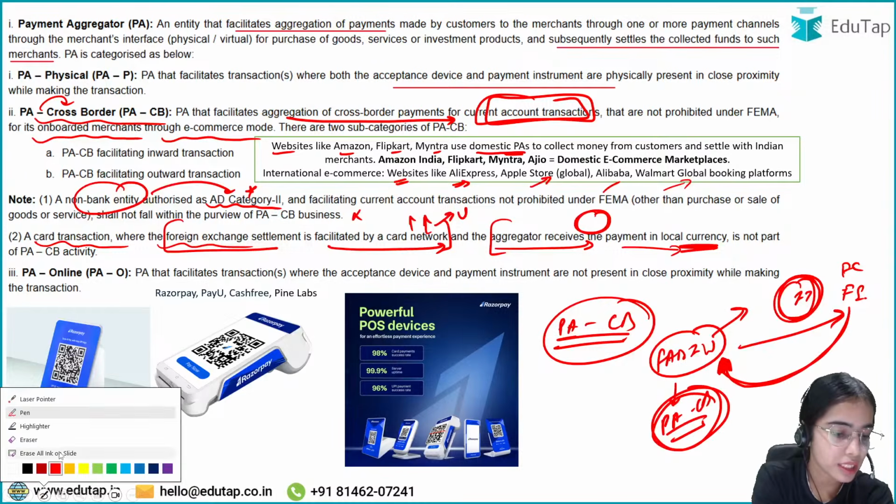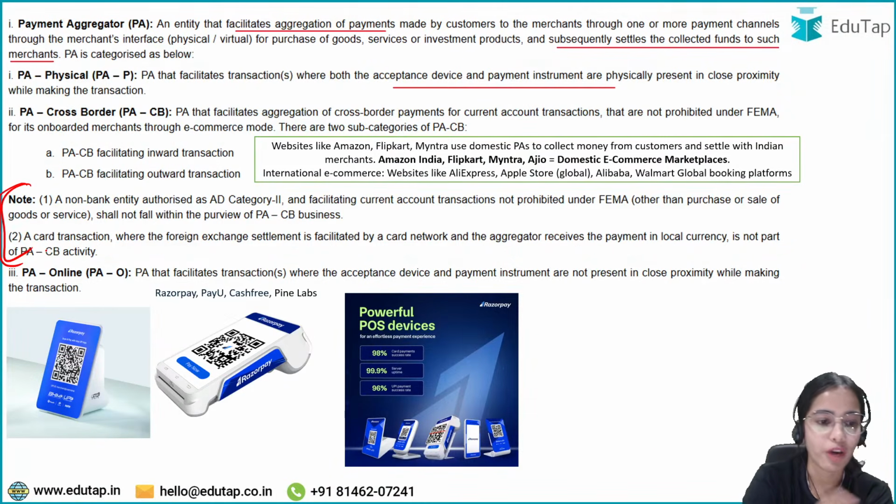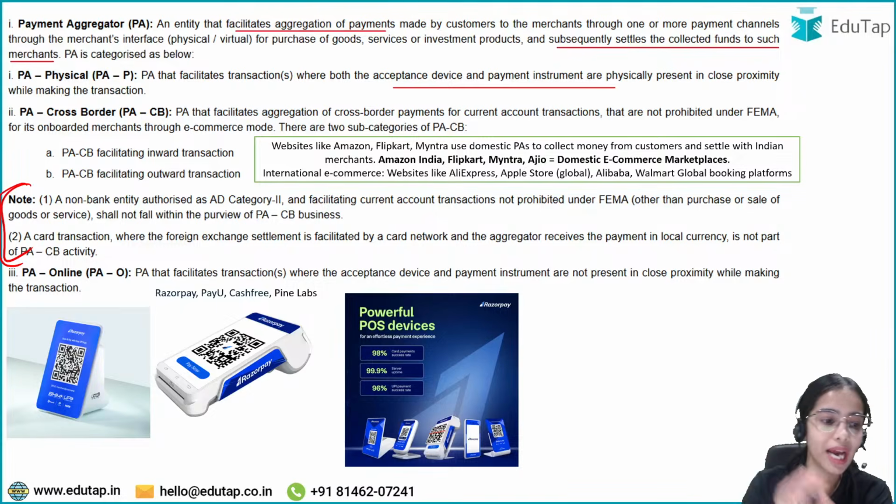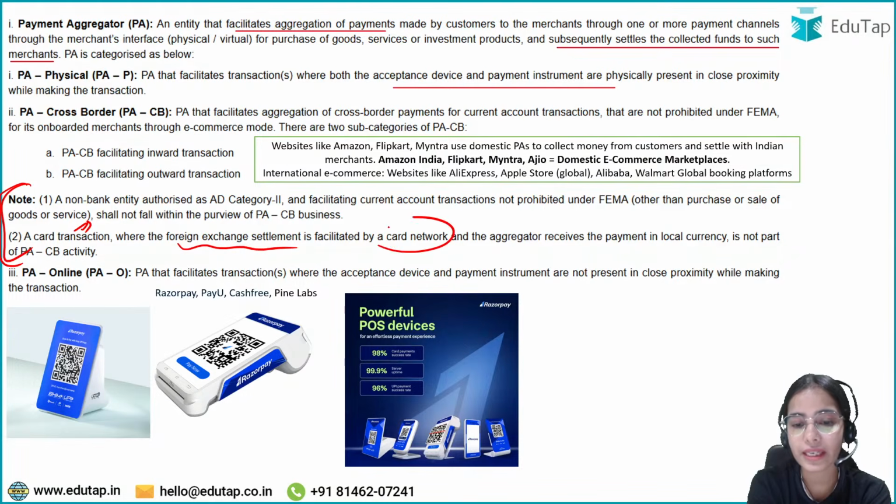So remember this, that these are important. You have to remember that a non-bank entity authorized as authorized dealer category 2 will not fall under the purview of the payment aggregator cross-border business, as well as a card transaction that is happening for the foreign exchange settlement facilitated by a card network like Visa, American Express and such, and the aggregator receives the payment in local currency. This is also not a part of payment aggregator cross-border activity.